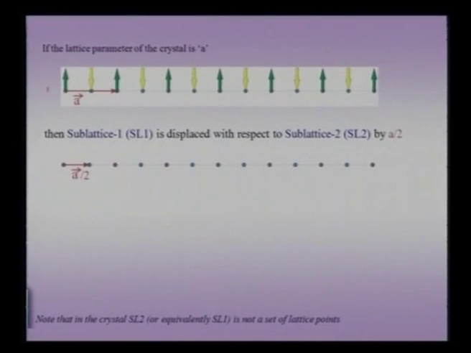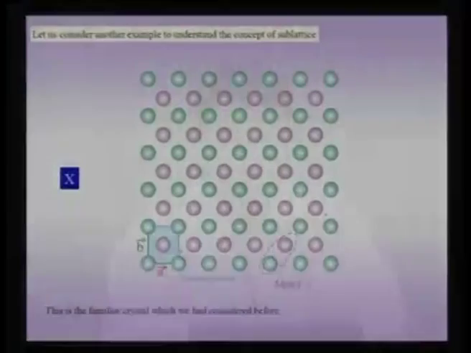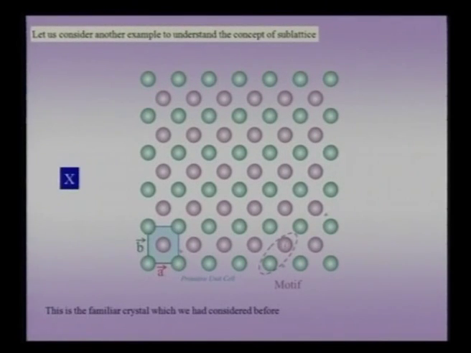Now, let us consider a two-dimensional example to illustrate the same point, which is the concept of sub-lattices and subcrystals. We have another familiar example which we had considered before, a two-dimensional crystal created by decorating a two-dimensional lattice with a motif which consists of a green circle and a brown or maroon circle.